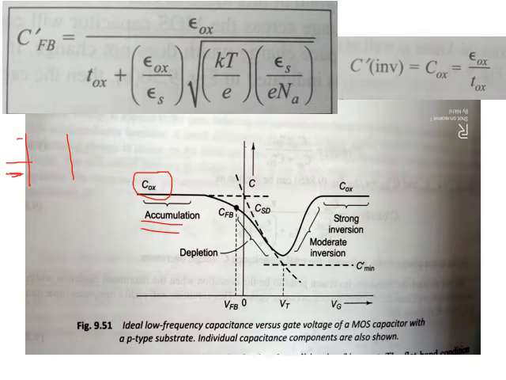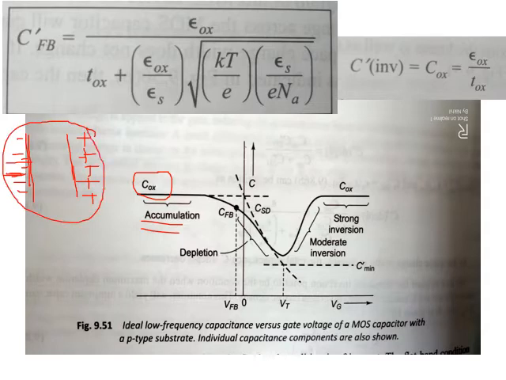So negative charge will be accumulated here due to the negative potential, and the equivalent number of holes will be accumulated on the other side, correct? When this happens, we have equal and opposite charges on the plates of the capacitor, and there is no depletion region also. Hence the capacitance is maximum, because more charges means more capacitance. Very simple funda, right?